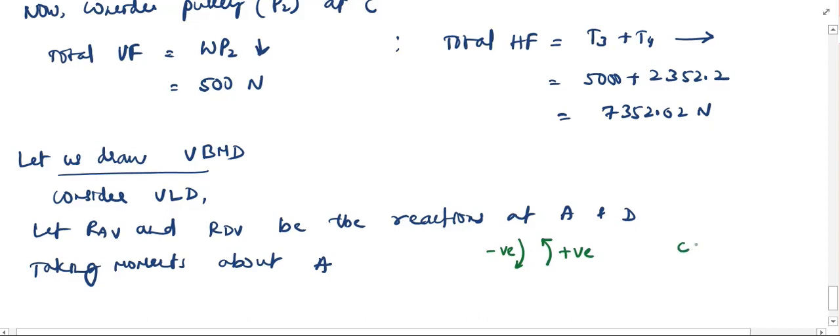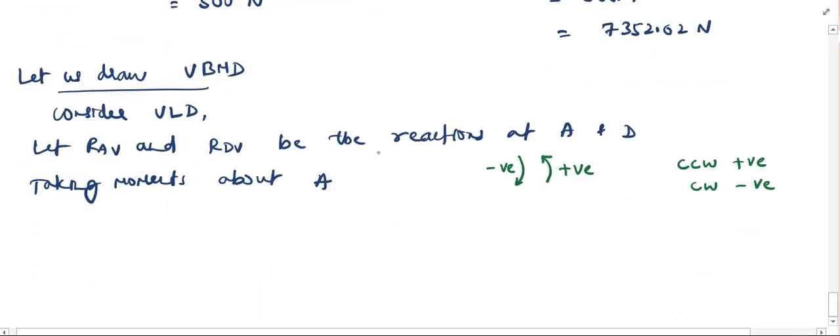So counterclockwise direction, CCW, is positive and clockwise direction is negative.